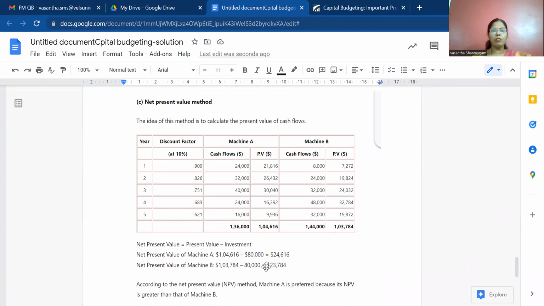The project whose cash inflow is higher is accepted. In this case, project A's 24,616 will be accepted. I think it's clear. Thank you, students.